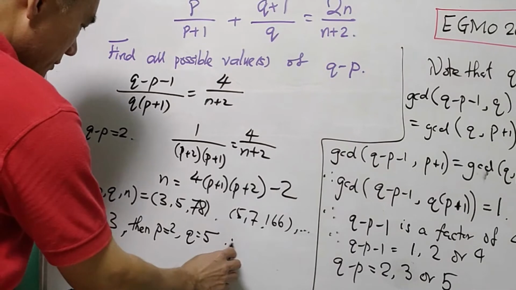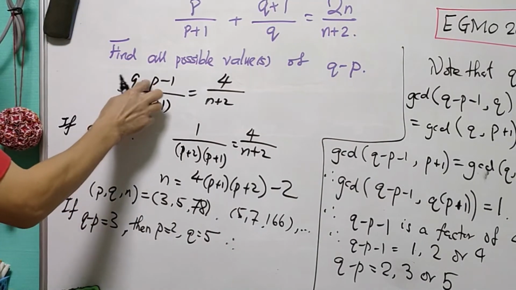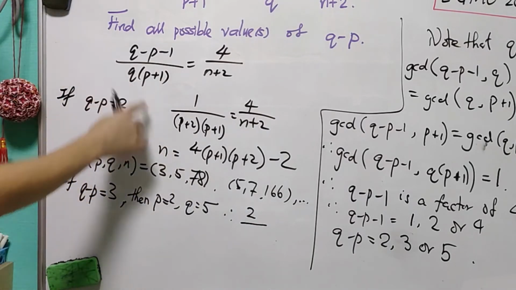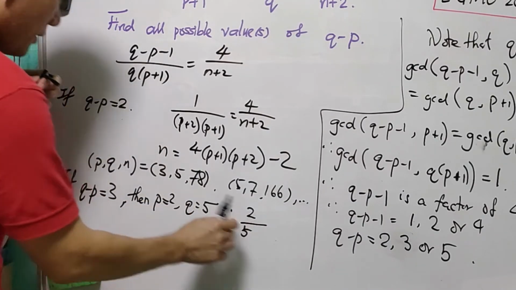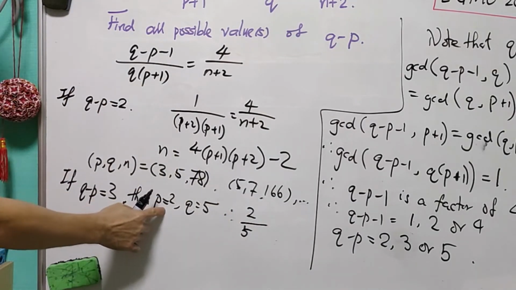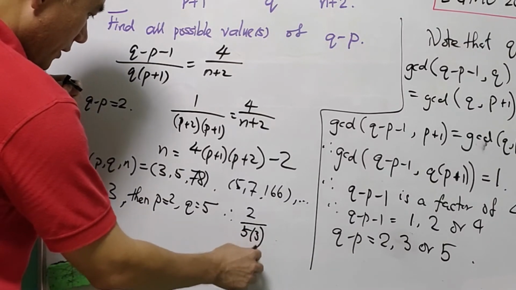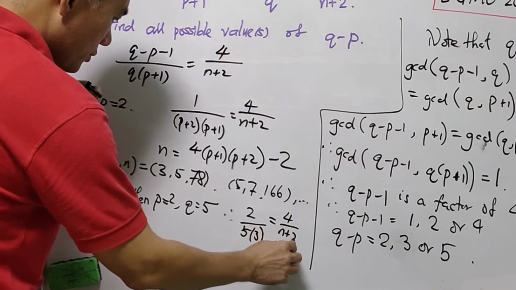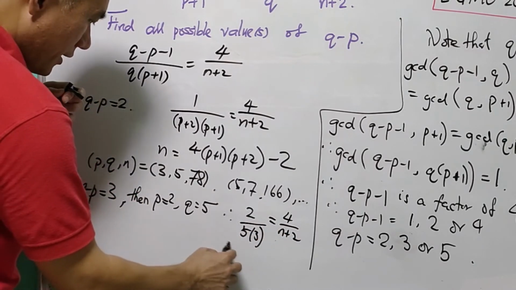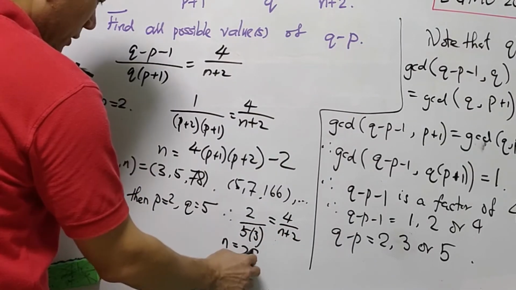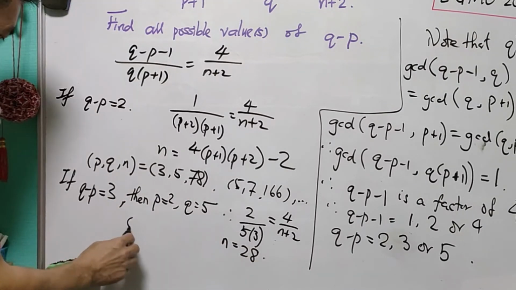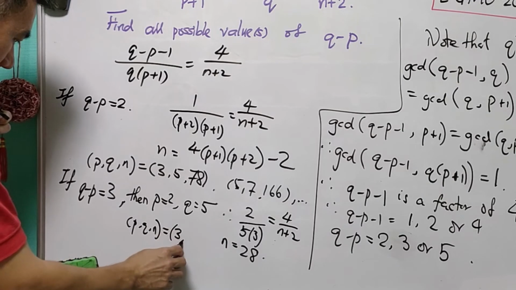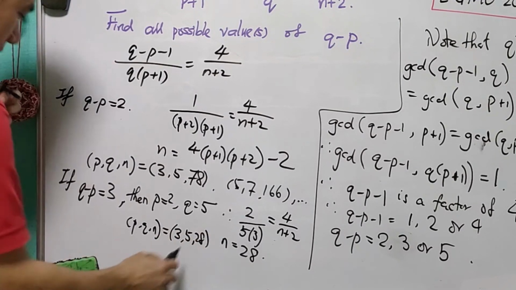And in this case, substitute it in here, 3 minus 1, that is equal to 2, and Q equals 5, P plus 1 is equal to 3, and 4 over n plus 2. And therefore, in this case, n equals 28. So in this case, P, Q, n is equal to 2, 5, and 28.